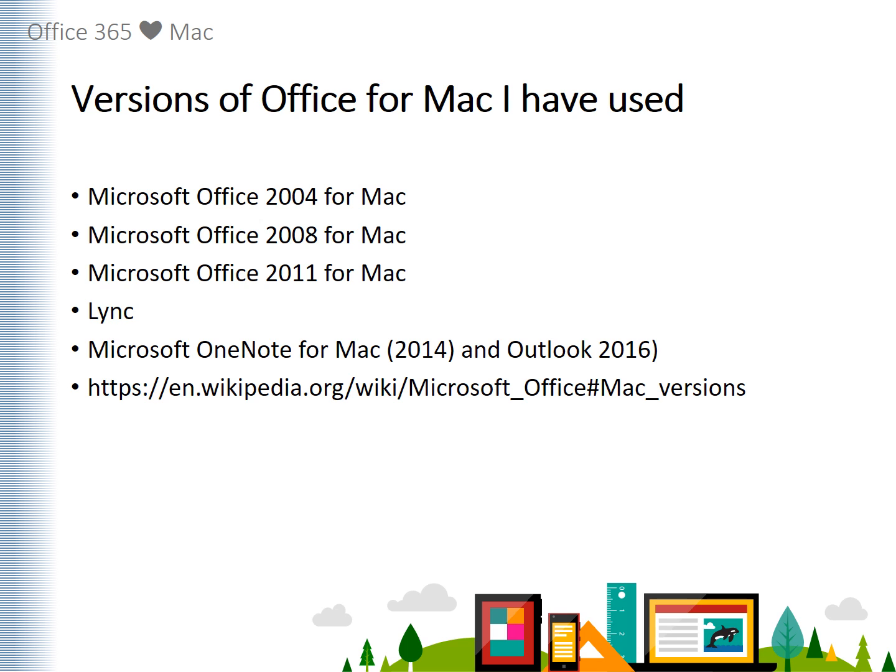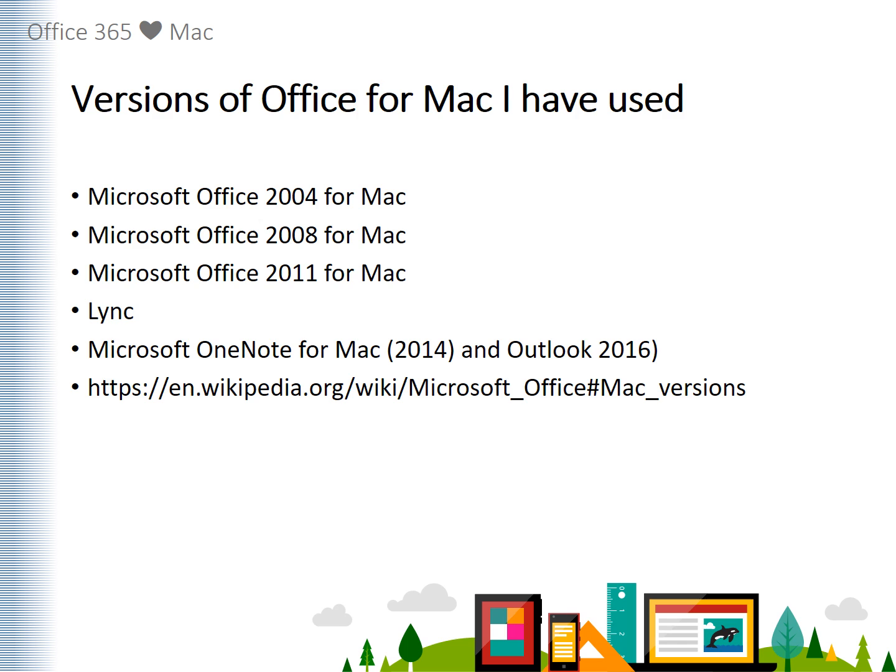And then Microsoft released OneNote for the Mac in 2014, as well as a preview of Outlook 2016 prior to releasing all of Office for Mac 2016 versions. And again, I got this information from Wikipedia.